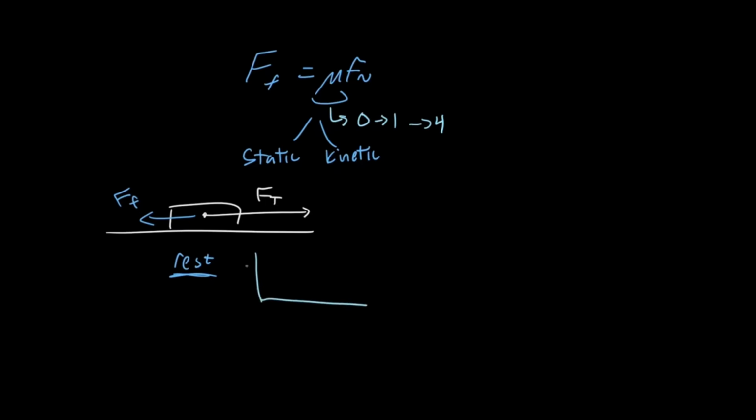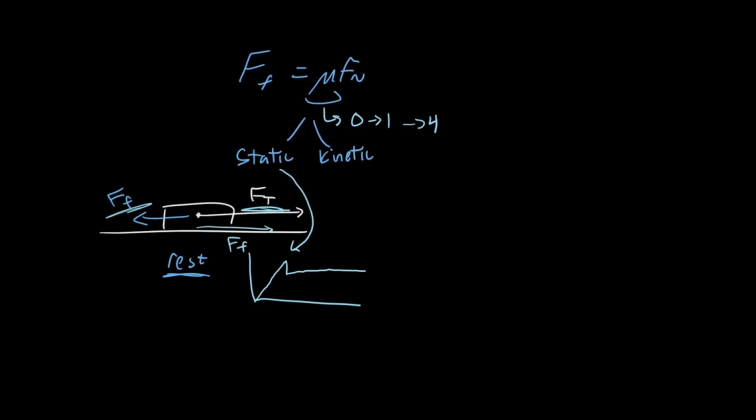And what happens when we have a graph of Ff, right? We see it increases, and then it decreases as soon as the maximum static friction is approached, and then we have a lower result for kinetic, right? Once the Ft becomes so great that it overcomes the force of friction, the box just starts moving, and we get a slightly lower friction.